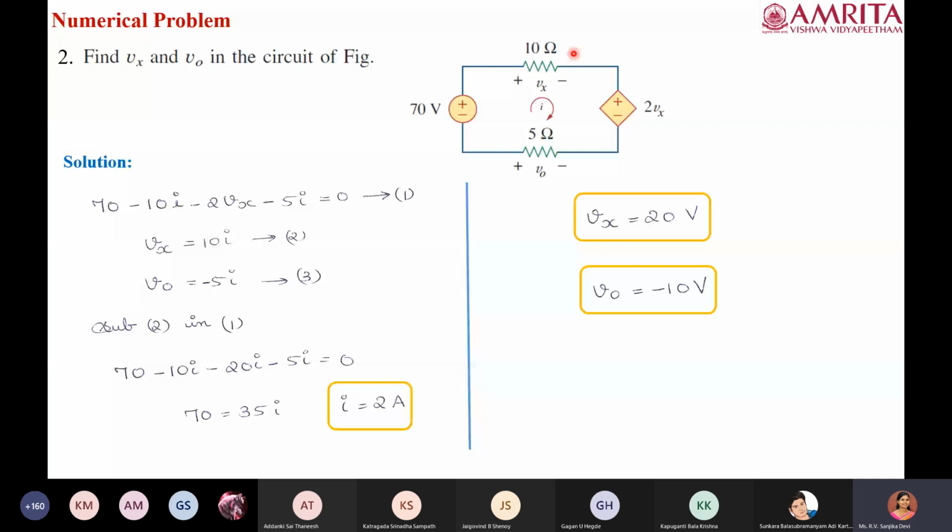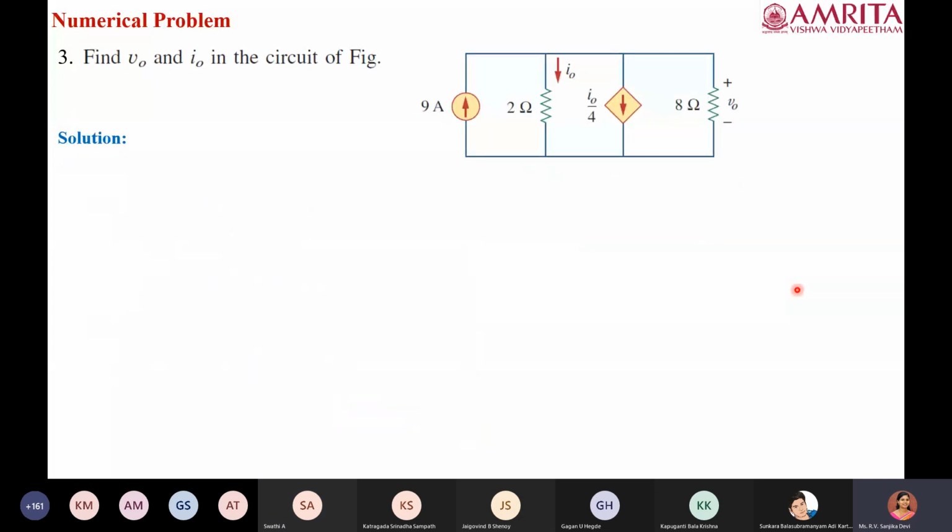Is that fine? Is it clear to you? Yes. Okay. So with more numericals, we will also have more understanding. So we will move on to the next numerical.